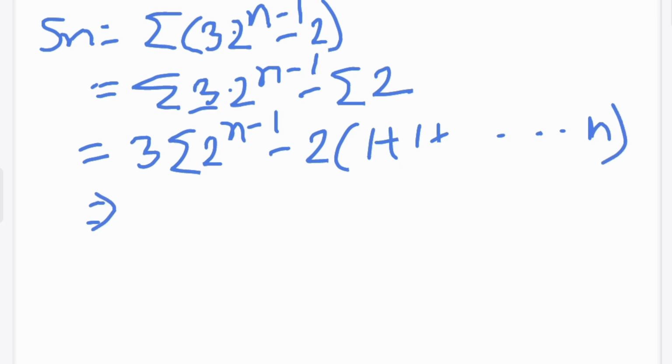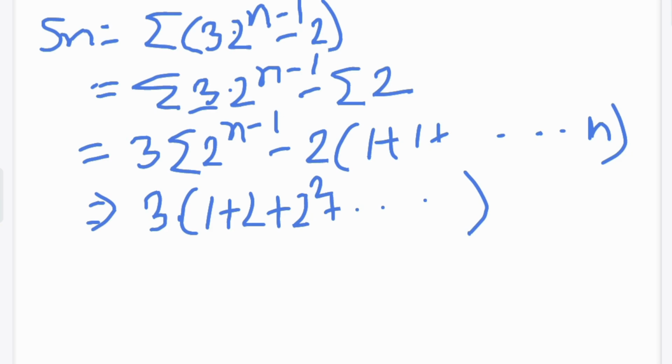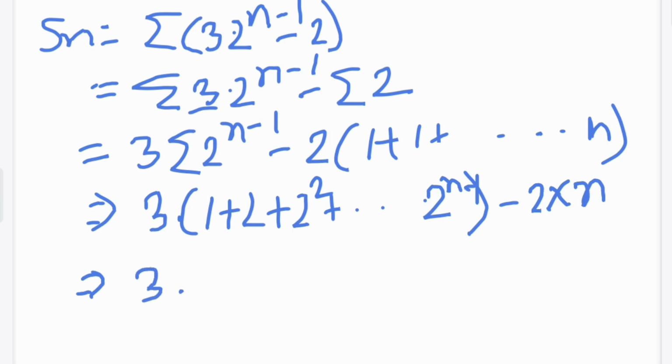So 3 into, if you put the value of n from 1 to n, that is simply 1 plus 2 square plus so on till n terms, that is 2 raised to the power n minus 1, minus 2 into n, right. So 3 into, and this is also a GP, a geometric progression, that is 2 raised to the power n minus 1 over 2 minus 1.